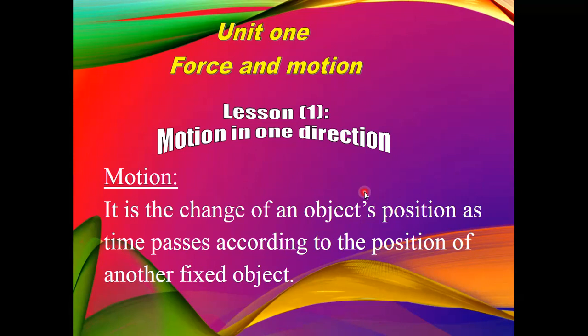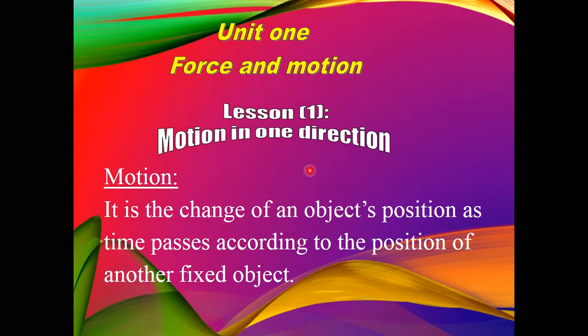And this happens relative to another object, a fixed object. So we can notice the movement of any object if we compare its motion with another fixed object. There must be one fixed and the other moving so we can easily recognize that it moved. Okay? This is the definition of motion.